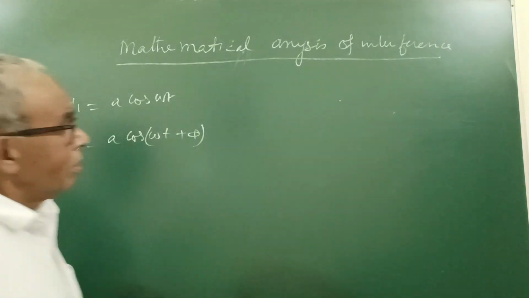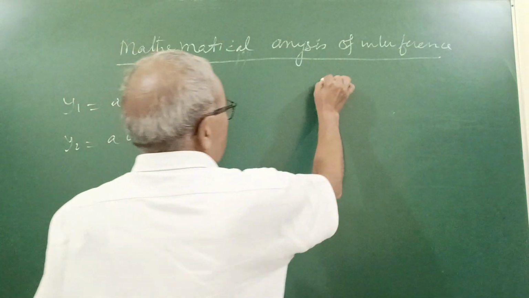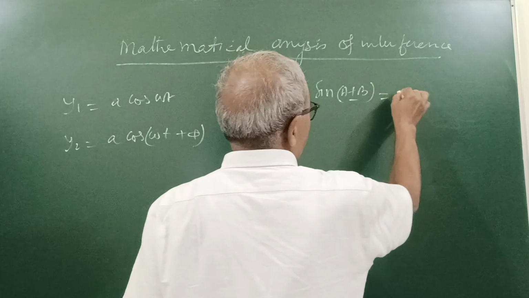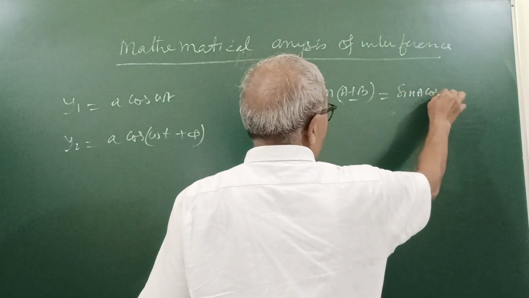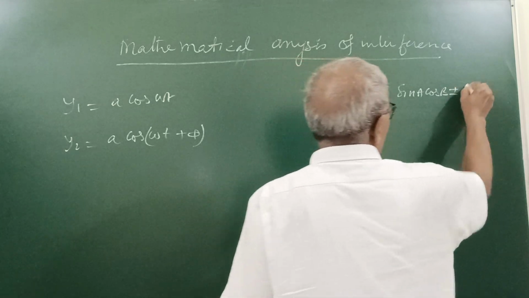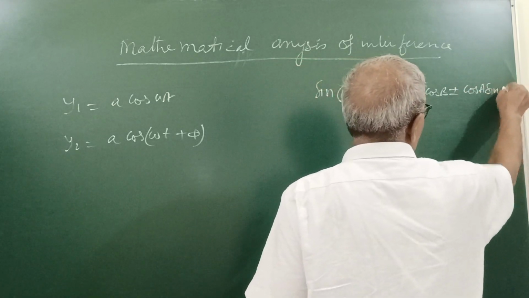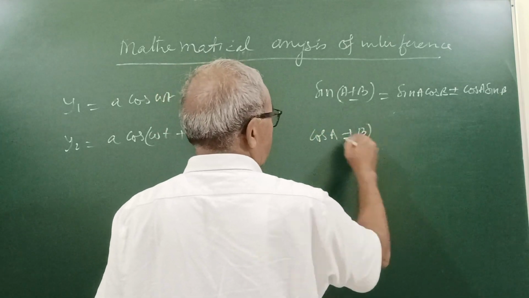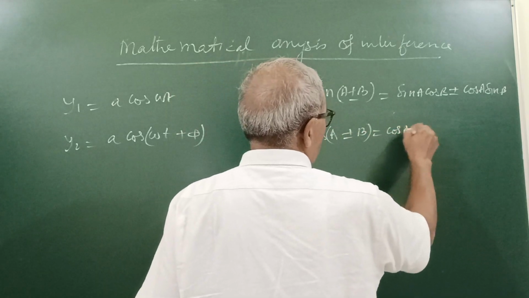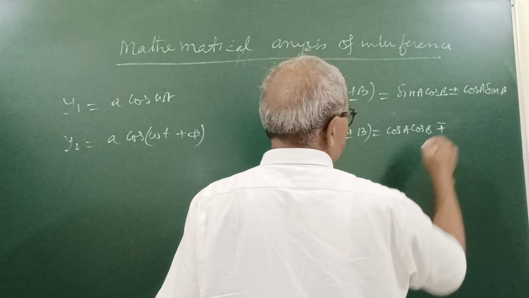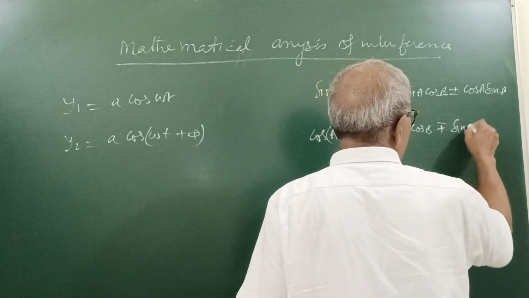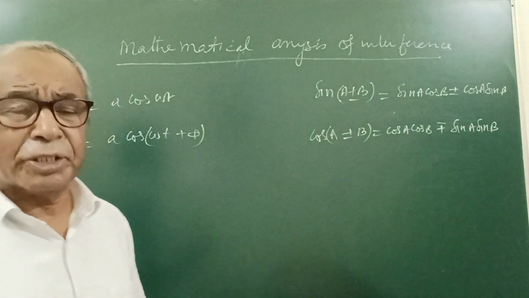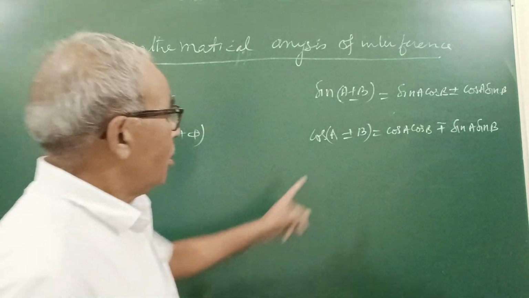I feel very bad because our students don't know sin A plus B. It is sin A cos B plus minus cos A sin B. If it is cos A plus B, or minus B, then it is cos A cos B minus plus sin A sin B. Please, this much is required at least to understand this physics. If there is plus, there is minus.